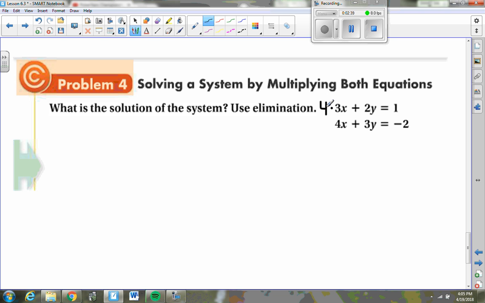So if I multiply the 3 by 4, I get 12, and if I multiply the 4 by the 3, I also get 12, right? So if I multiply both of those, I get 12x, and the other equation also has a 12x.